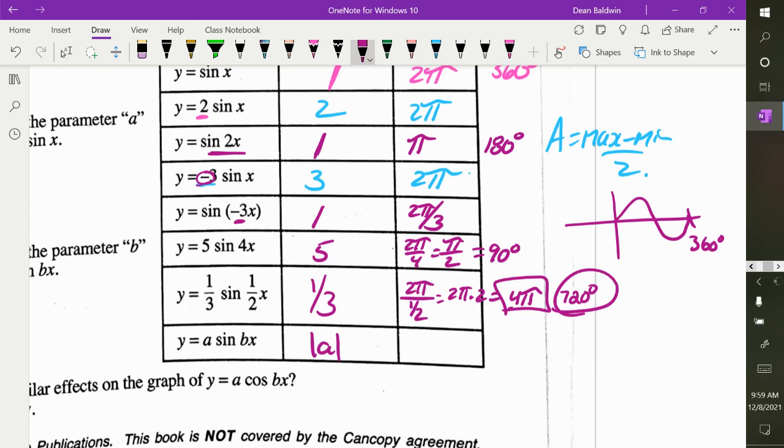It would be 1 over the absolute value of p, times... Pi. Oh, sorry, 2 pi over the absolute value of p. There you go. You don't have to apologize. Because the negative just tells you that you've done a reflection, right? That won't actually change the period. So it's 2 pi over the absolute value of b.